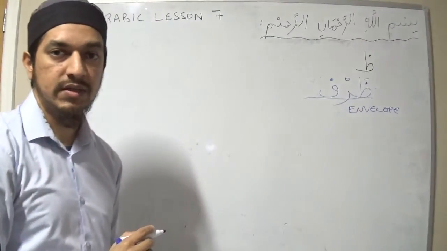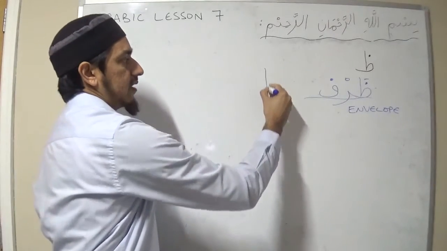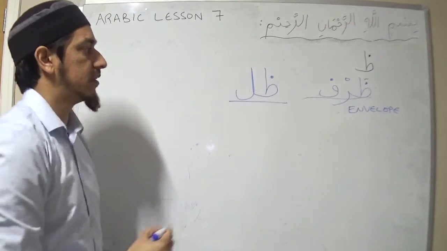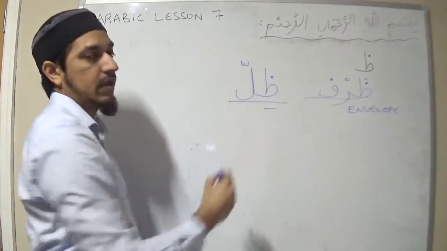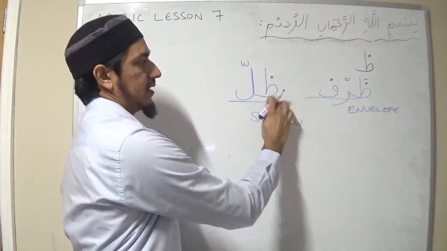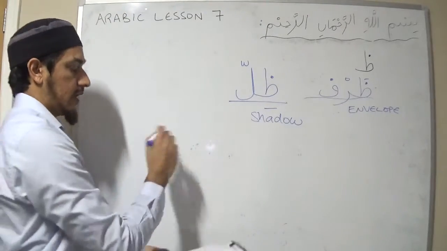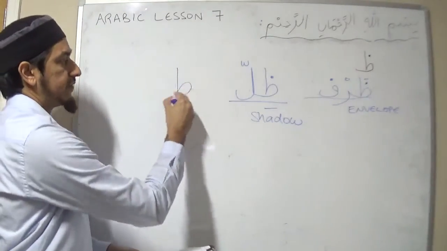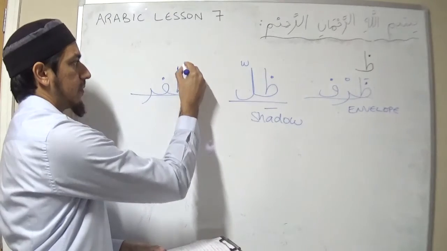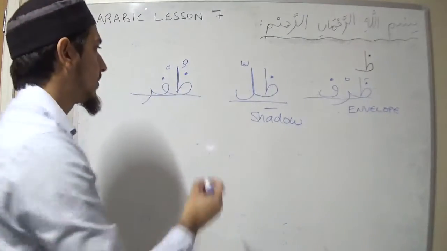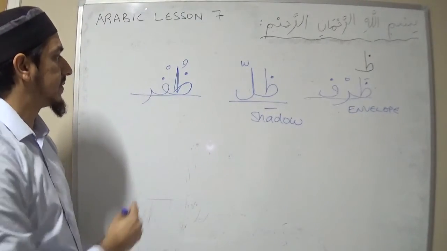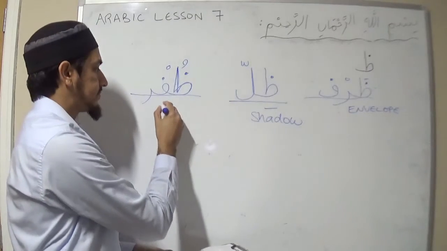It's only the raa that went underneath. Dhil, Dha, Lam, Dhil, shadow. Dha at the beginning. Dhufr, only the ra has gone underneath. Dhufr, and dha is the same as ta. So you have the line down and then you have the semicircle, the egg shape. Dhufr, nail, fingernail.